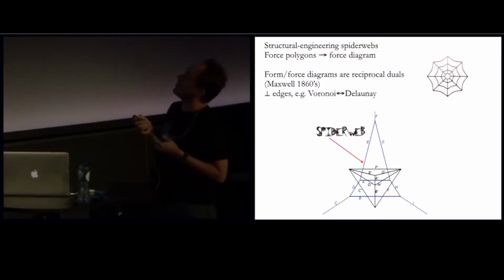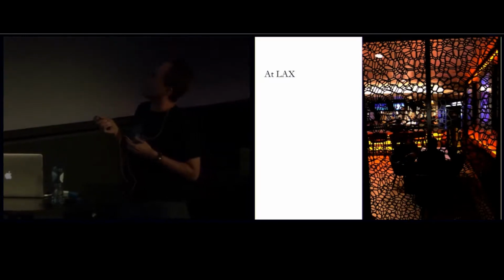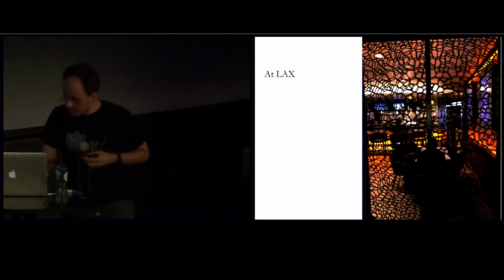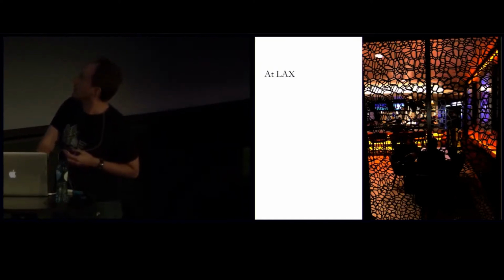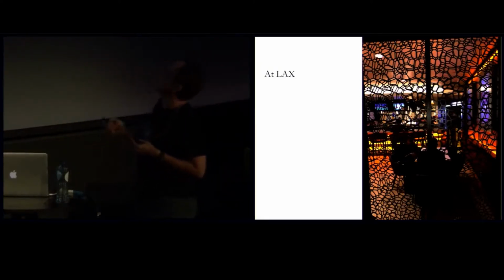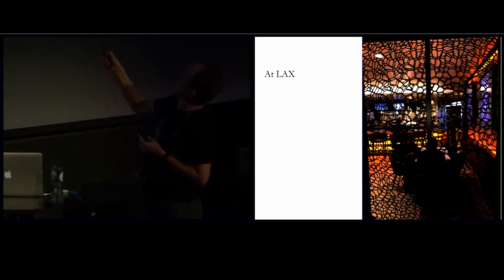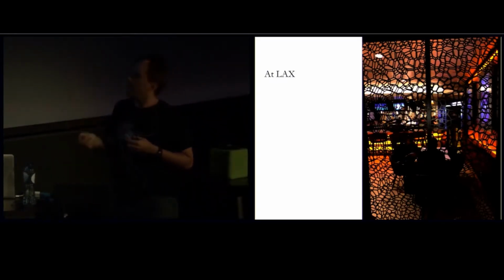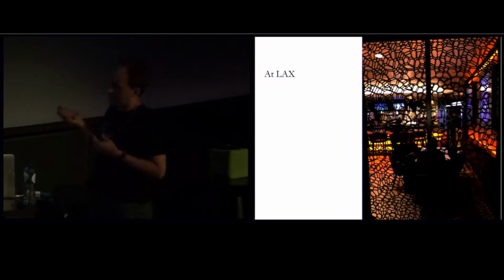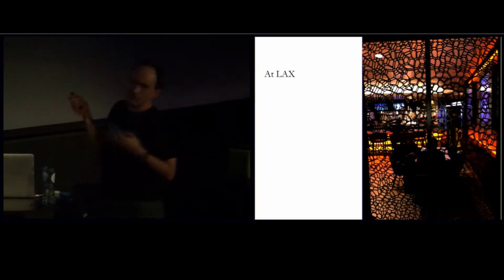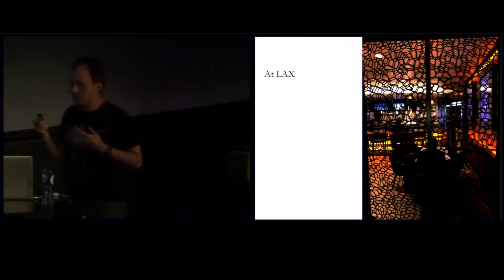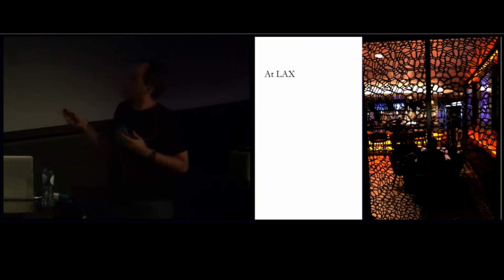This is an example of a structural spider web that I saw just a few days ago at LAX in Los Angeles. You can at least see up here there are a bunch of cells, and those appear to be, at least to my fairly trained eye, so-called sectional Voronoi cells.